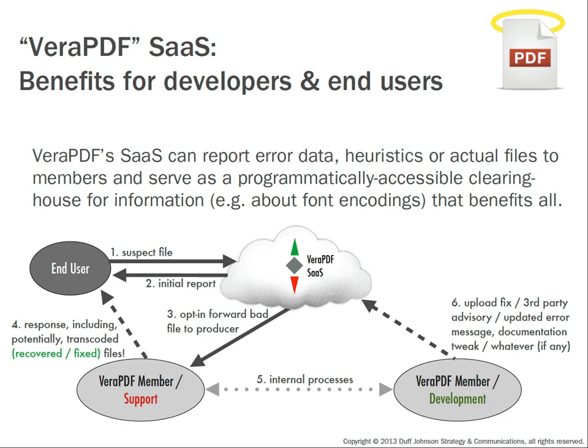That's one thing, but optionally to forward the file itself to the producer, with the idea that if it's an option for them, they would have the opportunity to try and fix it and send it back to me. This may or may not be possible in many cases. Perhaps it won't be, but of course it may be, right?